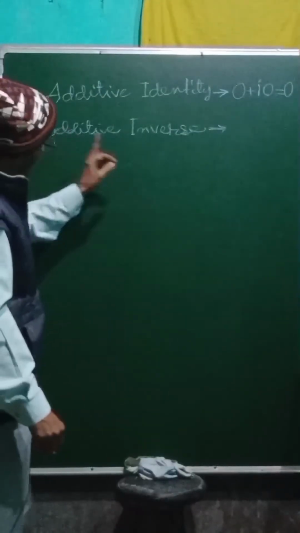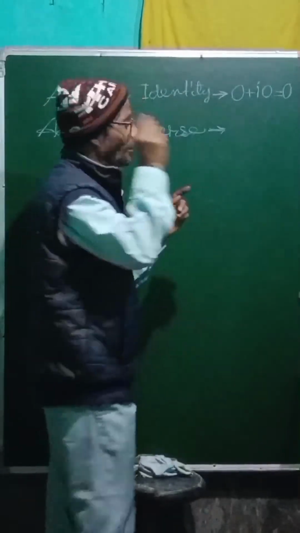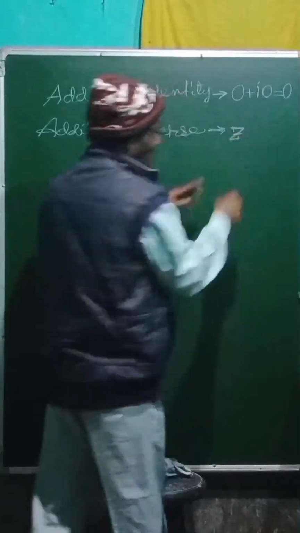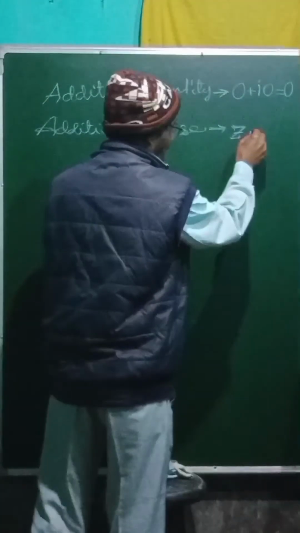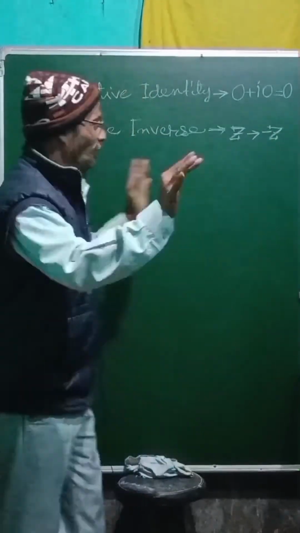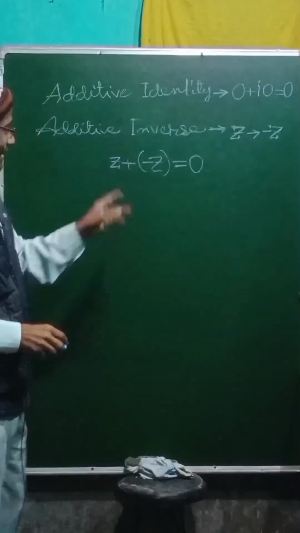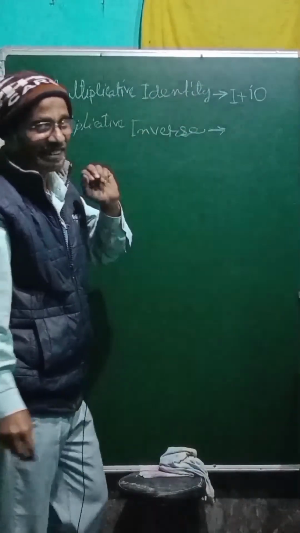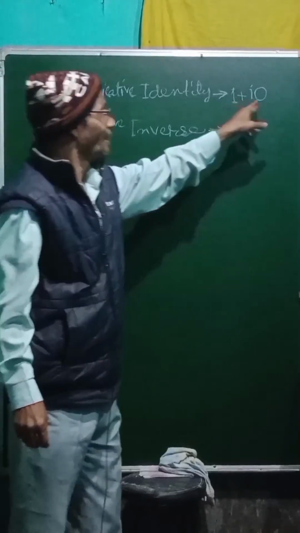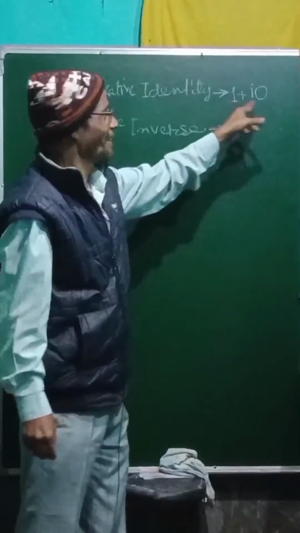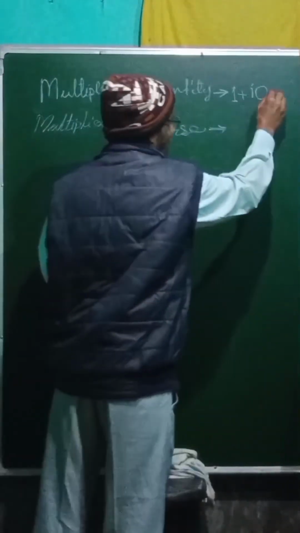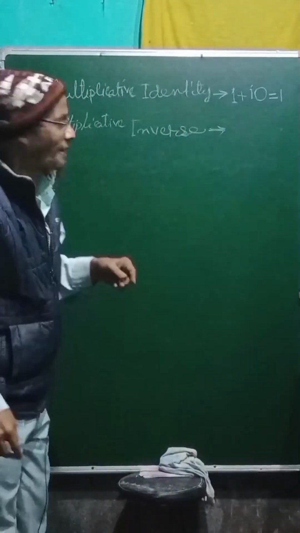And the additive inverse of any complex number: suppose z is a complex number, then the additive inverse is minus z, so that z plus minus z is equal to 0. Now see, the multiplicative identity is 1 plus iota 0. Actually it is 1, so it is denoted by 1.